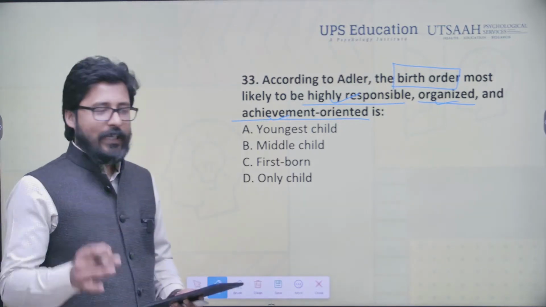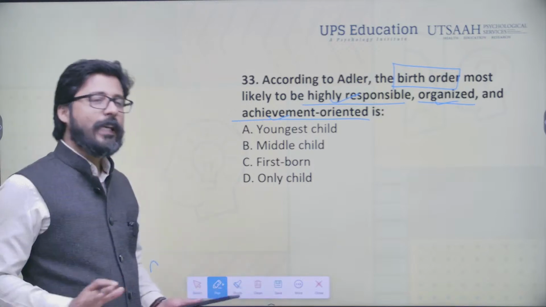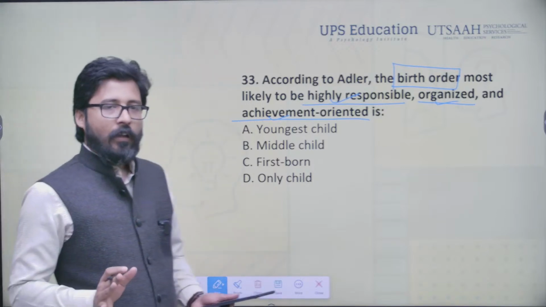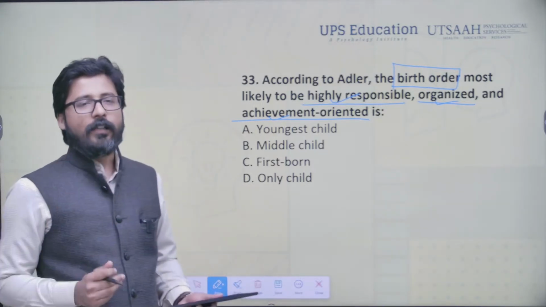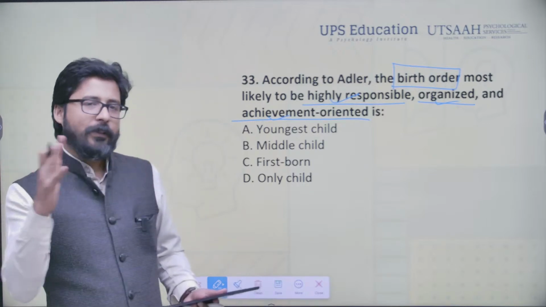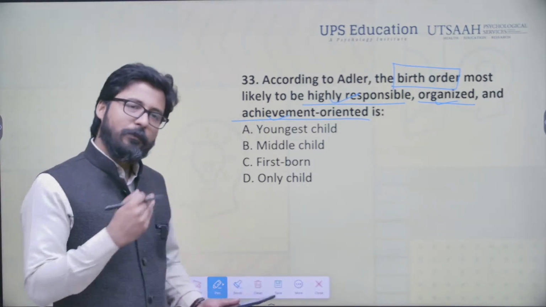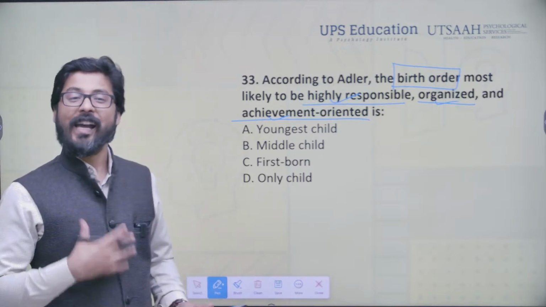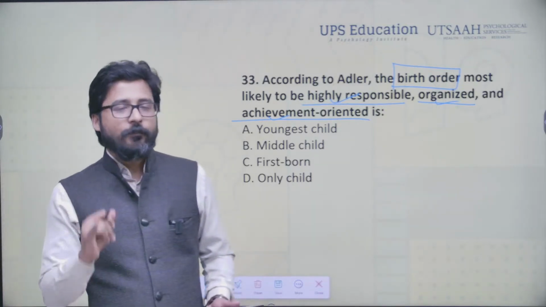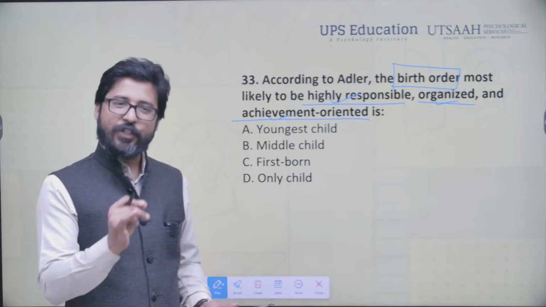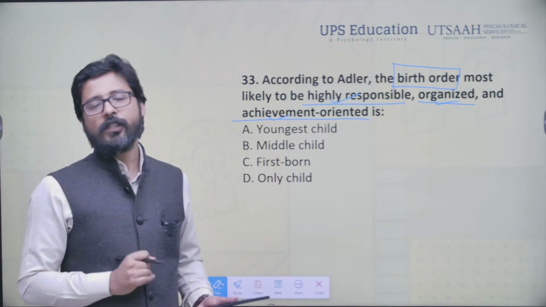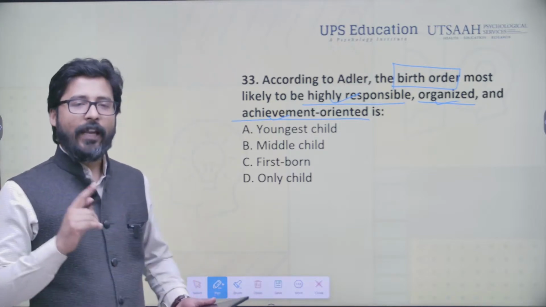Before moving to the right answer, I would like to explain what Adler said. Adler said there are different birth orders, and according to the birth order, a child develops certain characteristics: firstborn child if they are the first child in the family, then second-born child, then youngest child and only child.